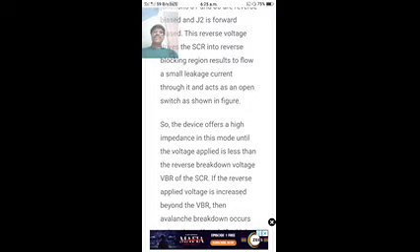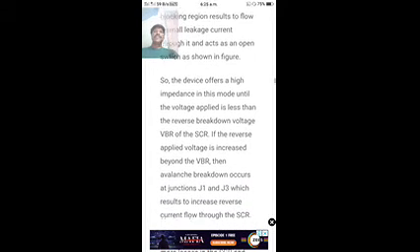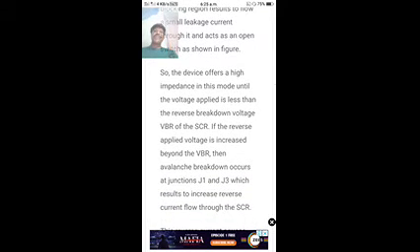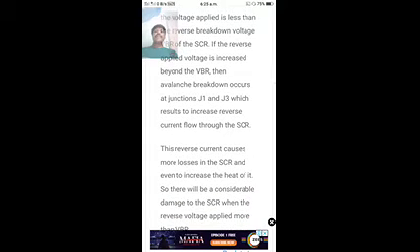If the reverse applied voltage is increased beyond the breakover voltage in the reverse direction, then avalanche breakdown occurs at junctions J1 and J3, which results in an increase in the reverse current through the SCR. This reverse current causes more losses in the SCR and increases its heat.